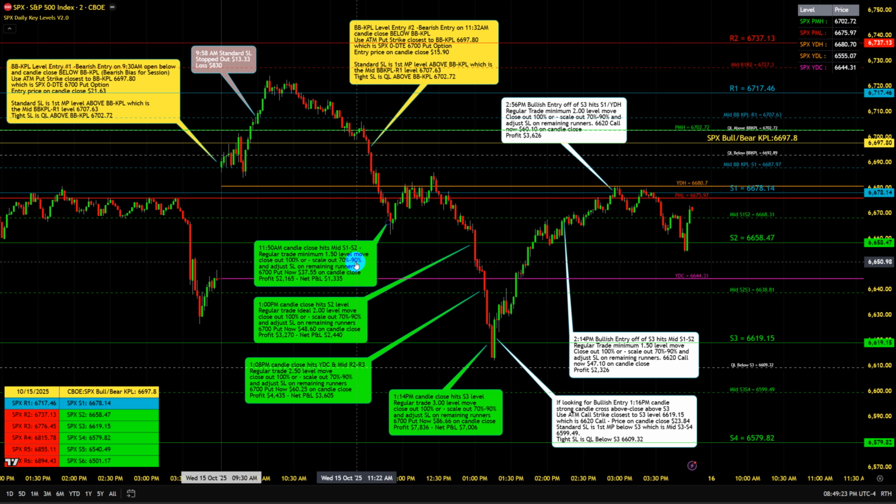If you were trading 4 contracts and you sold 3 of them, that's 75%. 3 is kind of a gray area. If you sold 2 of them, that's a little bit under 70%. It's roughly 67%. If you had 10 contracts and you could sell 7 or 8 or 9, that would be 70 to 90%. And then you adjust your stop loss on the remaining runners.